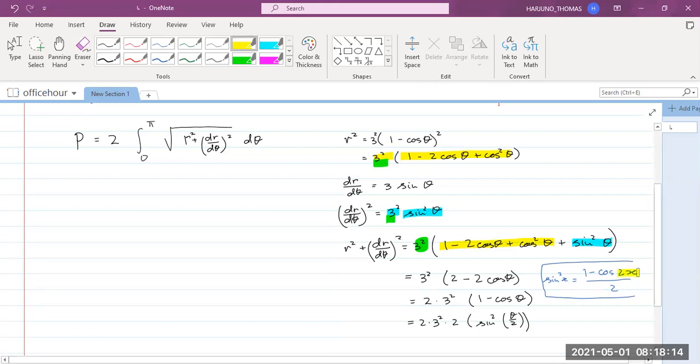If this is 2x, then this is x, half of that. Okay, that makes sense. Yeah, actually one of our friends asked that, why it's half theta.